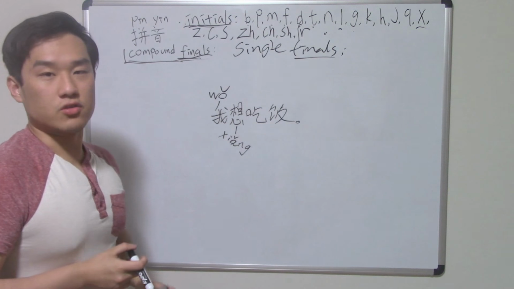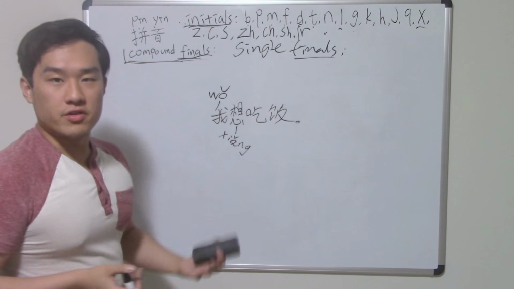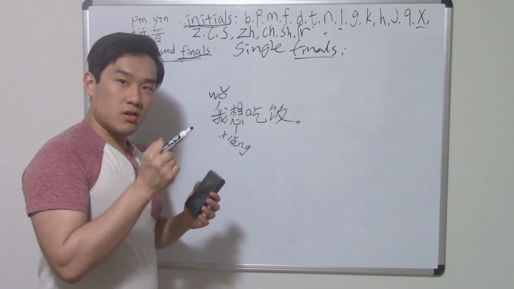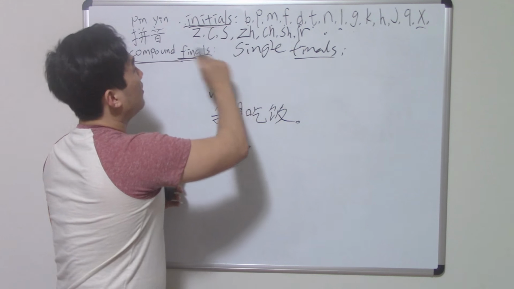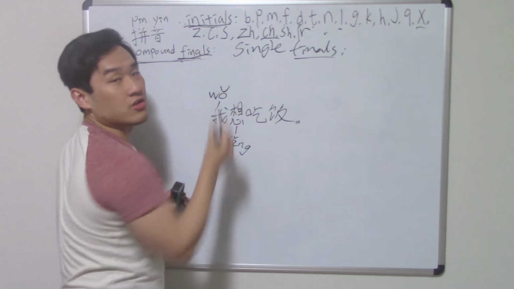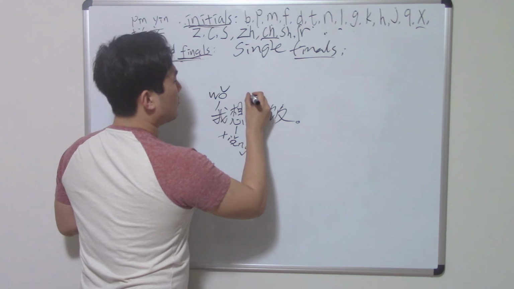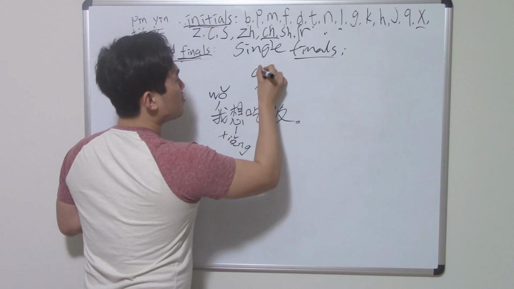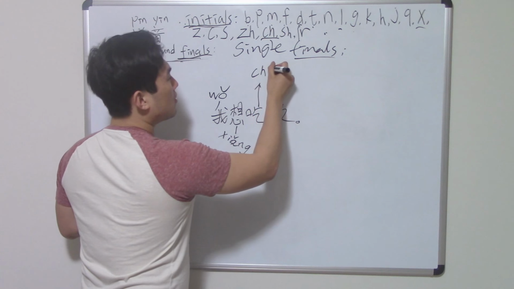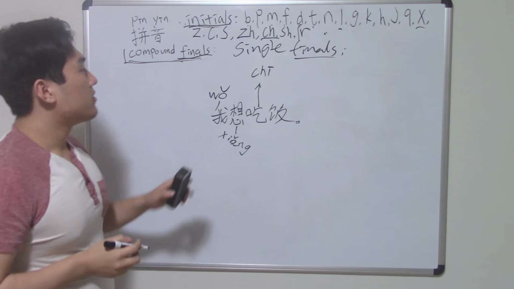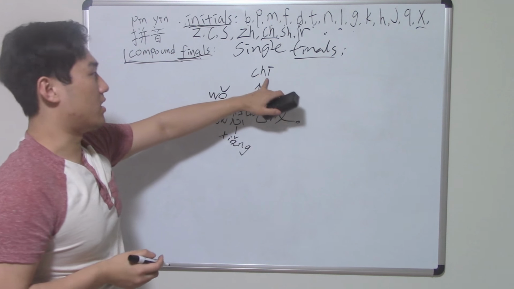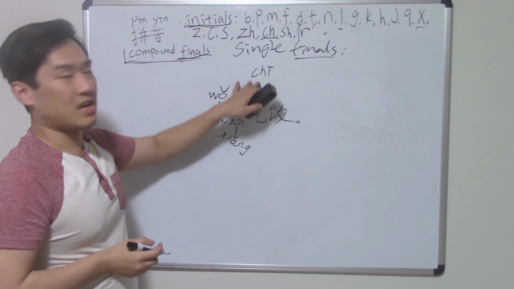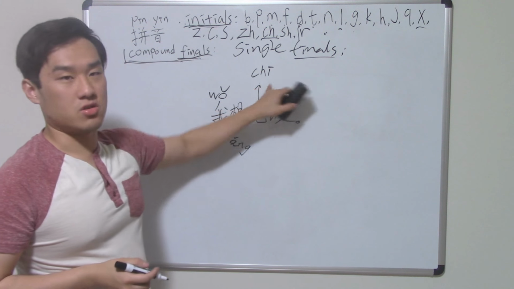And then this one here is 吃. Okay, what is 吃? It's an initial, right? We put the initial, 吃 with a CH, right here. So that's the initial right here, and then put a single final, which is I, which in this case sounds the exact same, like 吃, okay?